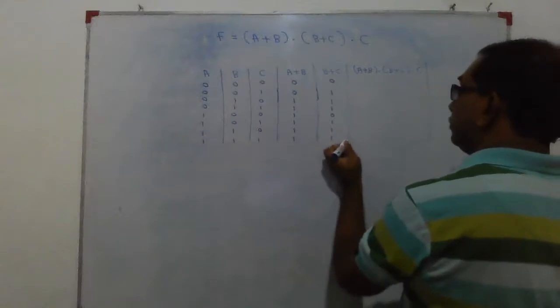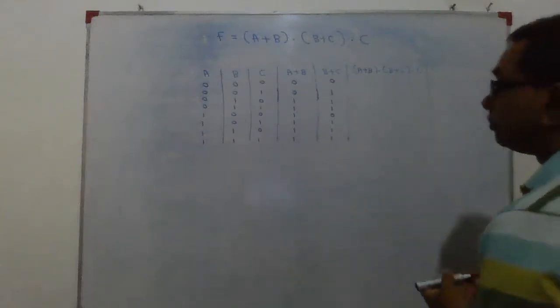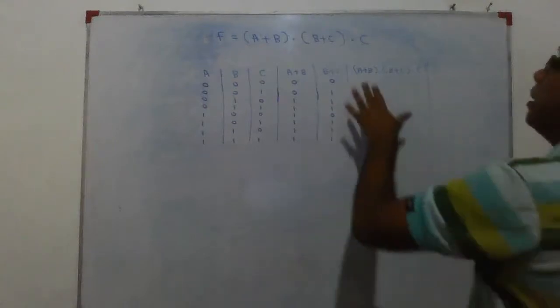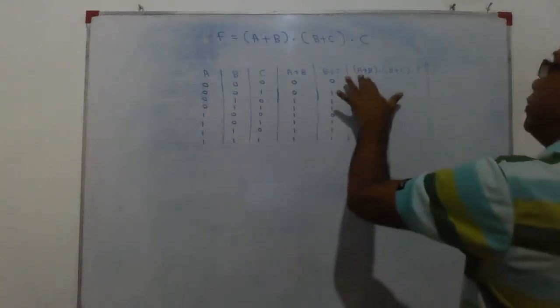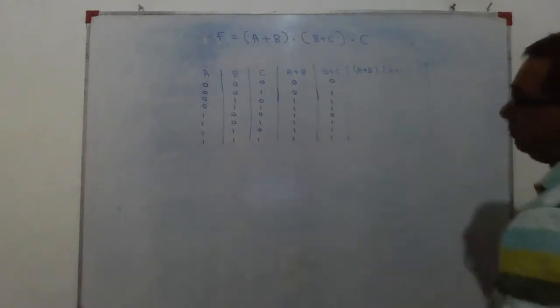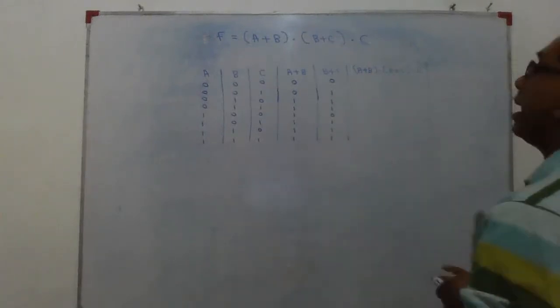So I have taken these three. Now the final statement says A OR B and B OR C and C. All of them are AND gates.